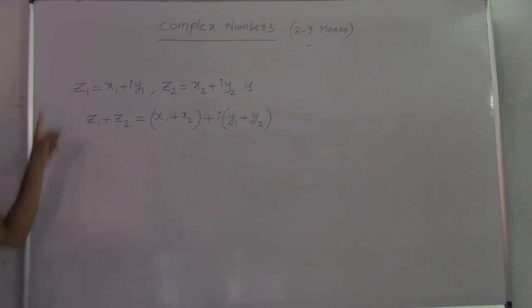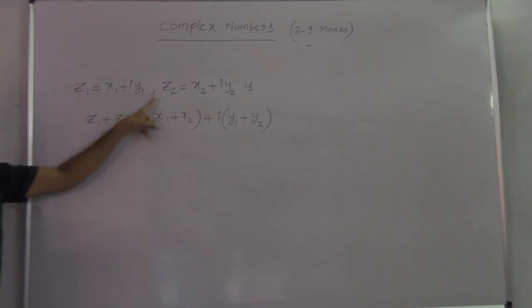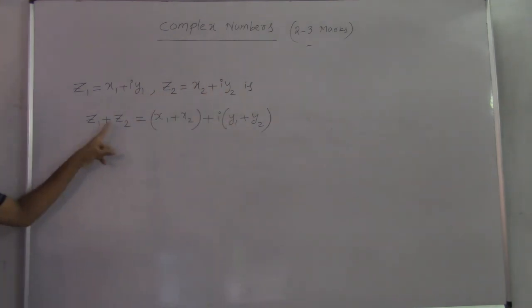The addition of two complex numbers Z1, Z2 is Z1 plus Z2 equal to x1 plus x2 plus i into y1 plus y2. Completed?